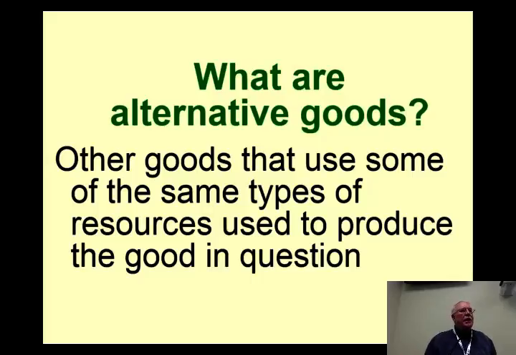Now, if you've got 100 acres and you're planting corn, but that land could be used to plant lettuce, then lettuce would be an alternative to corn. So we say that lettuce is an alternative good to corn because a farmer can plant one or plant the other, given the resources that are available.